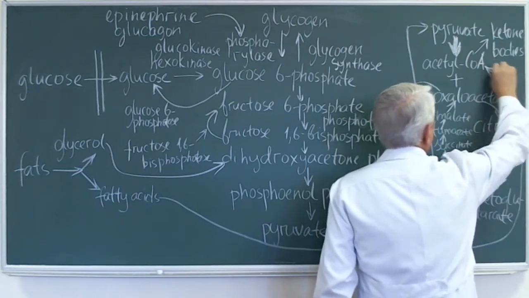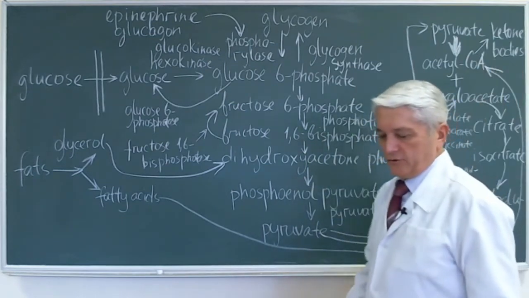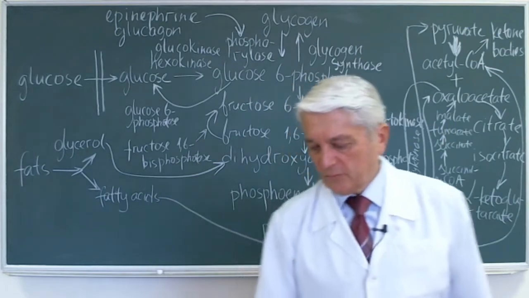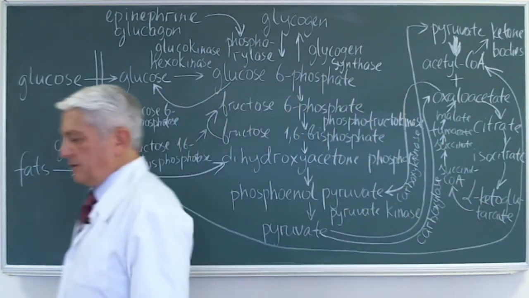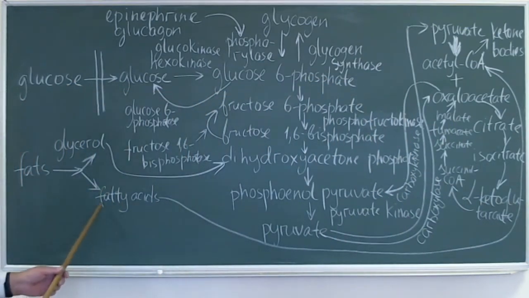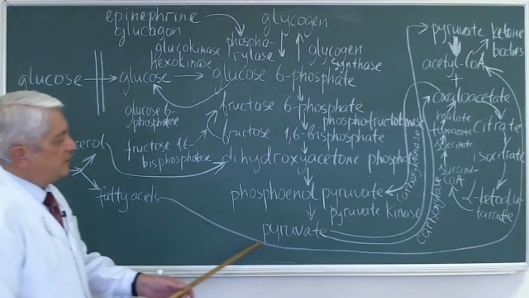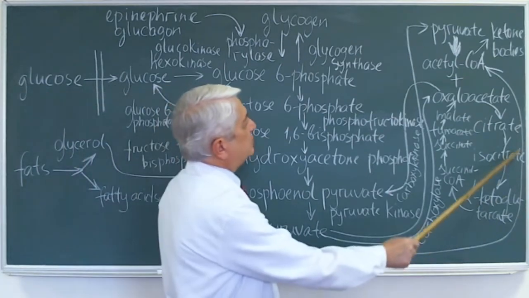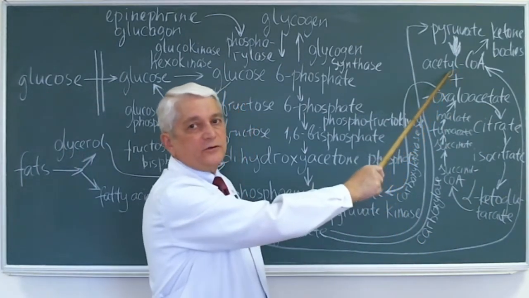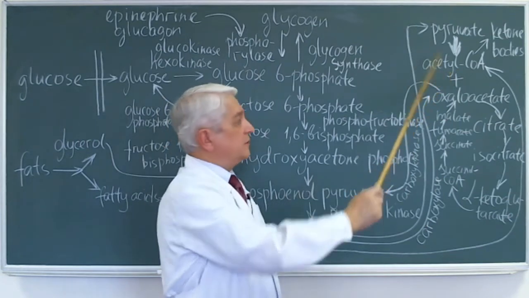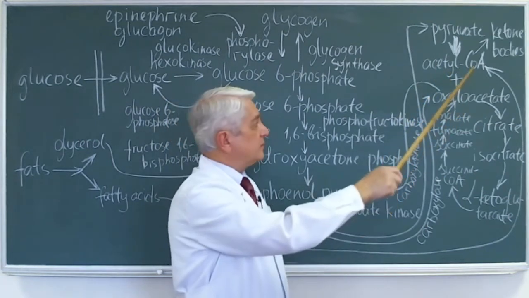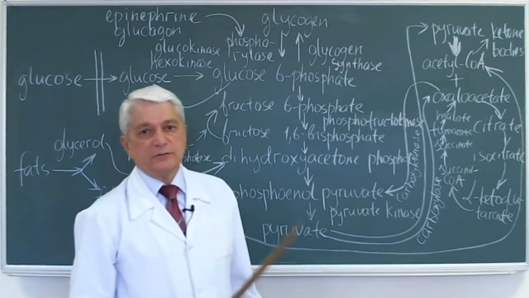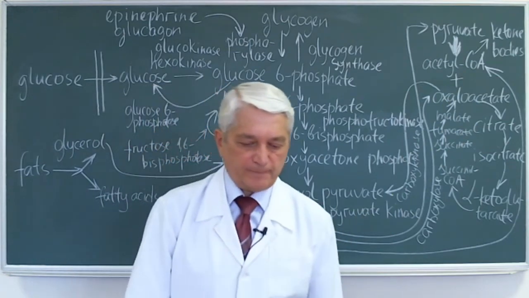And here. I shall show you once more with the stick. So fatty acids, this arrow, and we are coming to acetyl coenzyme A. Then acetyl coenzyme A go to citric acid cycle and produce energy.